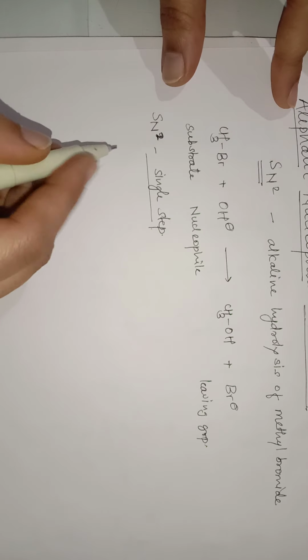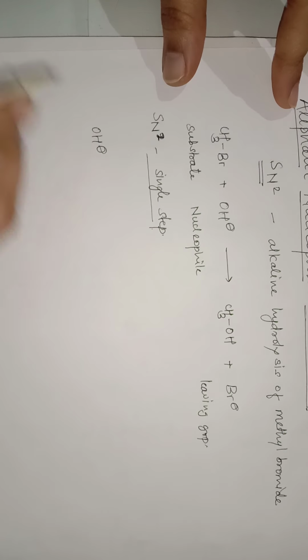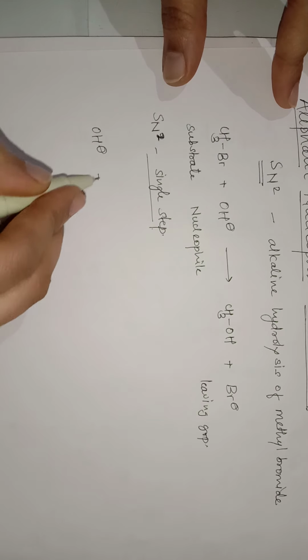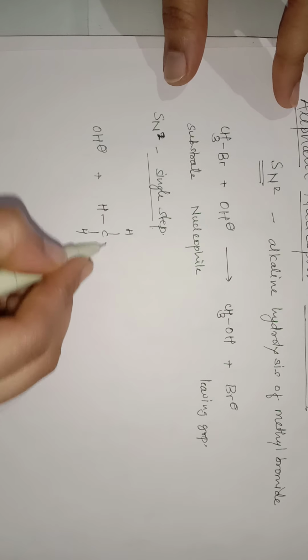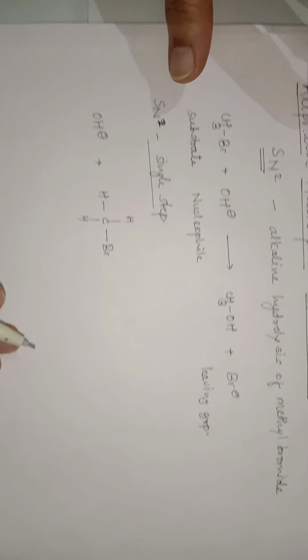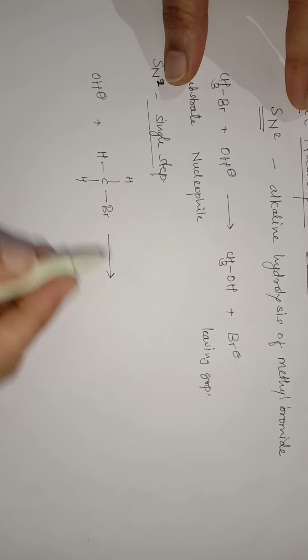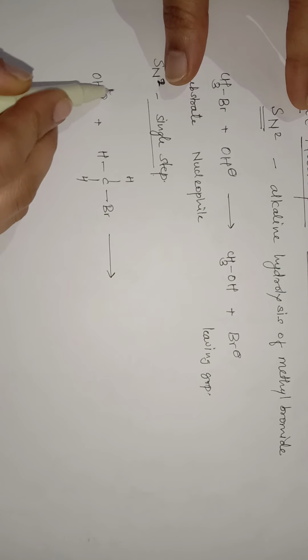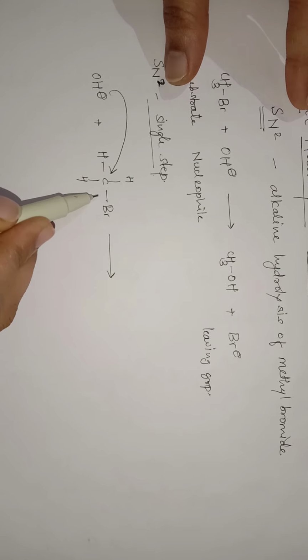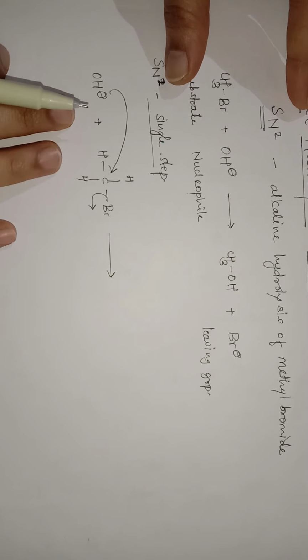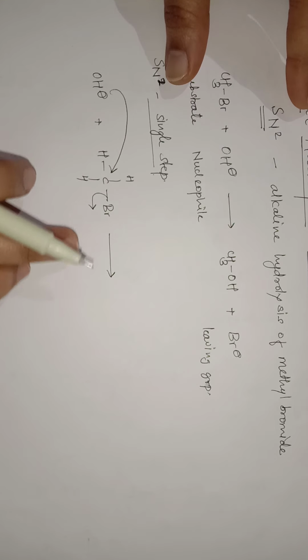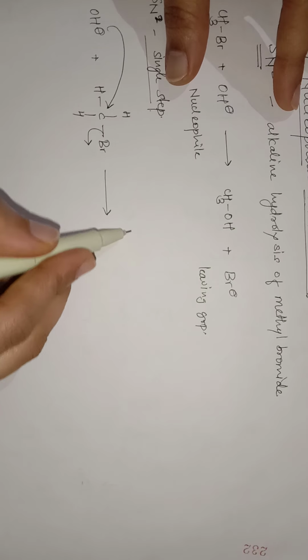We have this OH minus as the attacking nucleophile and our substrate is CH3Br, that is methyl bromide. This OH minus attacks from the backward side and the leaving group departs from the front side, so both attack and departure take place in the same step.